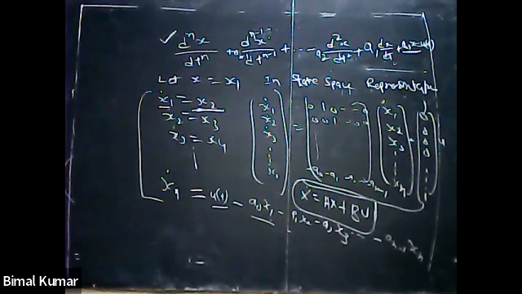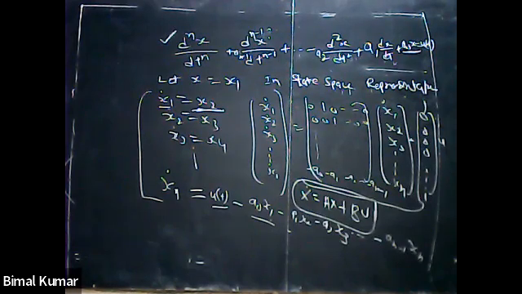If you see here, in this case I am taking x1 dot is equal to x2, x2 dot is equal to x3, and so on. What is the meaning of x1 dot? This will be dx by dt, right?